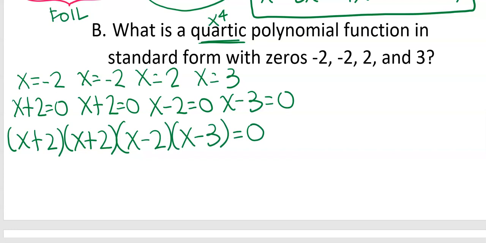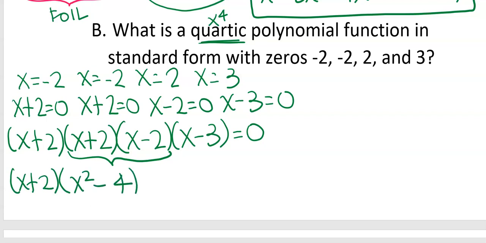You can really do these in any order that you want to. We have already multiplied x plus 2 and x minus 2, and we know that it gives us x squared minus 4. Anytime you have signs that are different in the middle, but the numbers are the same, those middle terms are going to cancel.